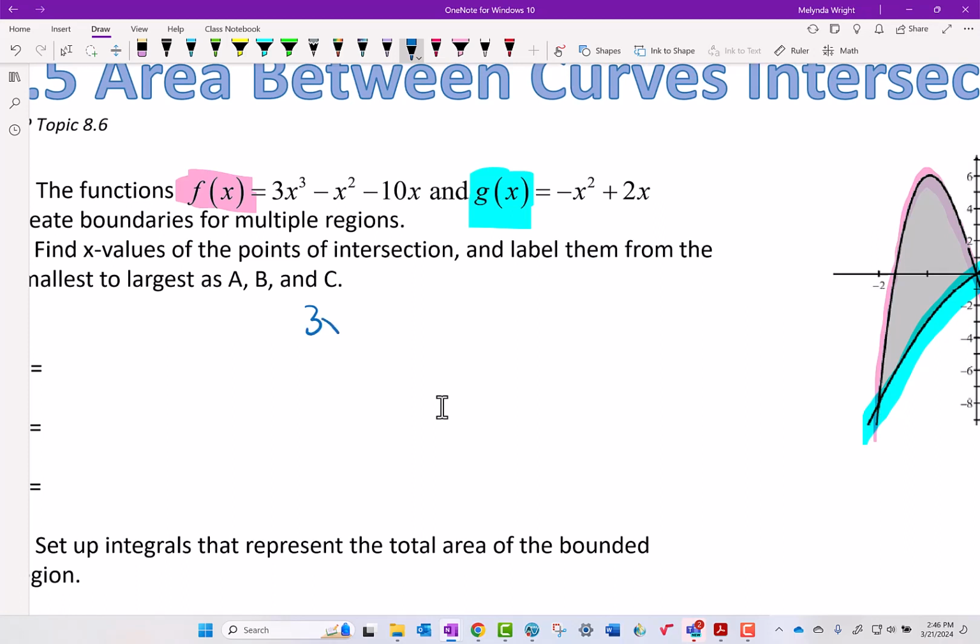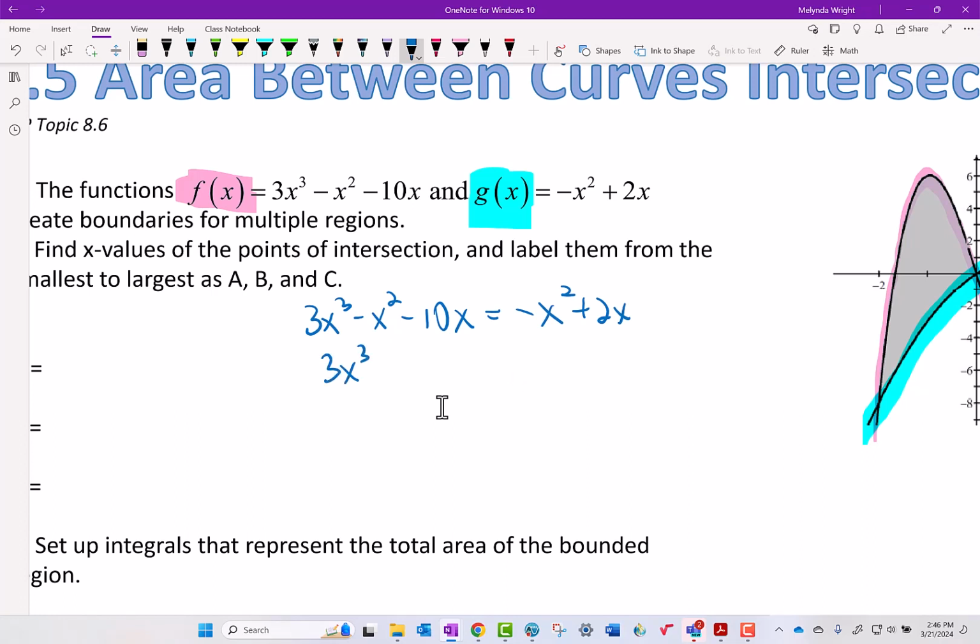So we've got 3x cubed minus x squared minus 10x equals negative x squared plus 2x. Now, of course, we're solving, so we want to move everything to one side and make it equal to 0. I'm going to take everything to the left so that I can keep this leading coefficient positive. So we've got the 3x cubed.